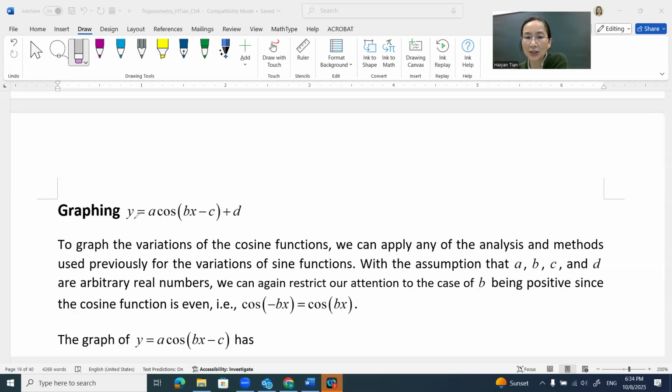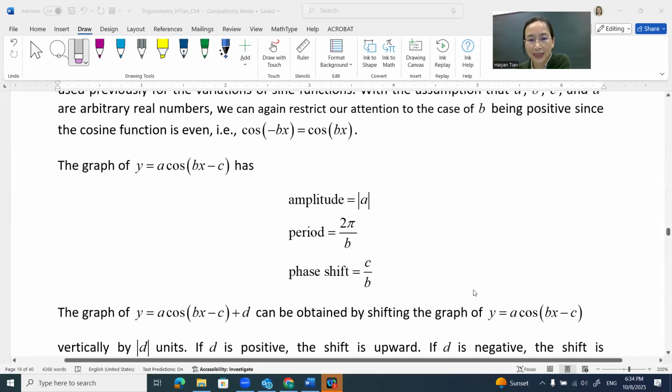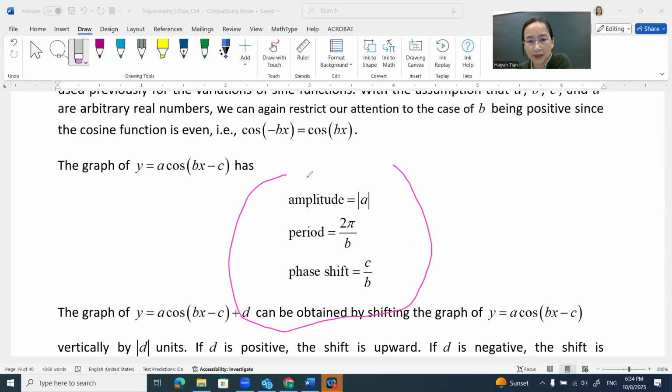They will not change the amplitude or the period of the function, as we discussed. Okay, very important things to remember. From the given function, you can quickly calculate the amplitude, period, and phase shift from the given form.